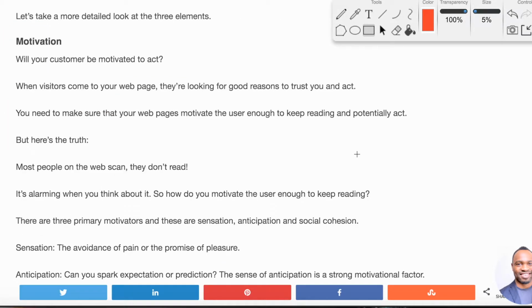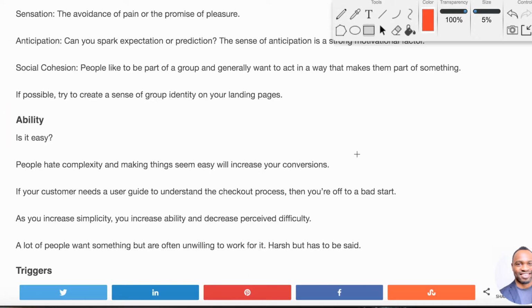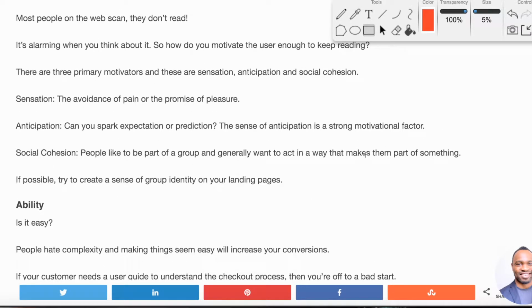So let's look at motivation first. The primary motivators are sensation, anticipation, and social cohesion. The avoidance of pain or the promise of pleasure for sensation.